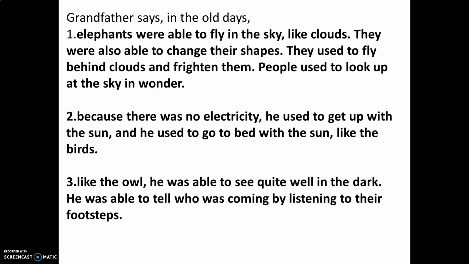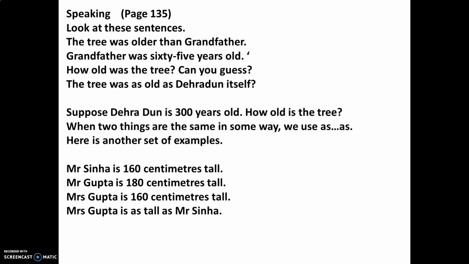Grandfather says, in the old days, elephants were able to fly in the sky like clouds. They were also able to change their shapes. They used to fly behind clouds and frighten them. People used to look up in the sky in wonder. So observe these sentences and replace all these with could or would.